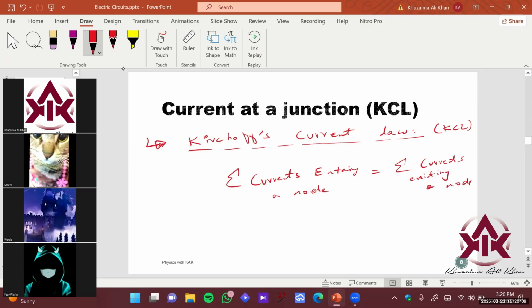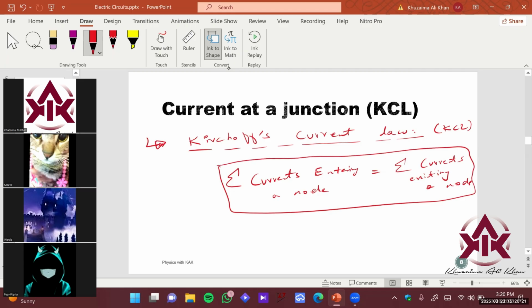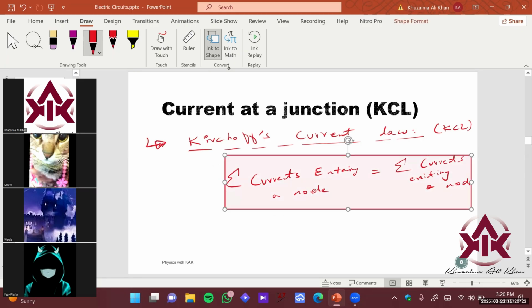You can also transfer this into a definition by just converting the symbols into words. So what does this symbol mean? It means summation, right? You're adding all the currents together.